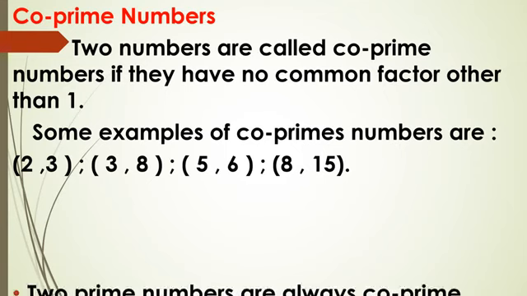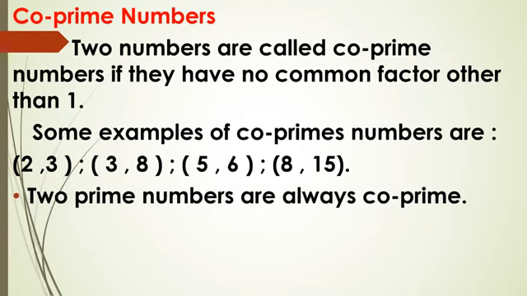Now see one important point. Two prime numbers are always co-prime. If we have two prime numbers, as in this case 2 and 3, 2 is a prime number, 3 is also a prime number. So if two numbers are prime, then they are always co-prime also.